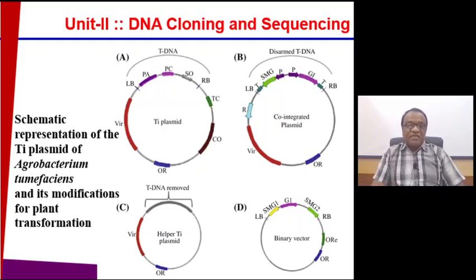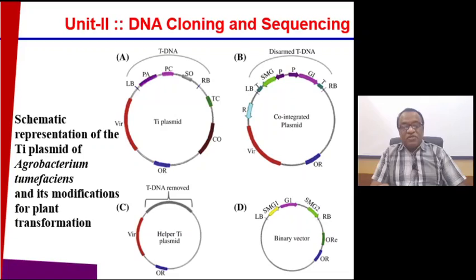So where exactly does the insert find its place? To disarm the Ti plasmid, the PC, PA, SO, TC and CO regions of the tDNA are removed and an exogenous tDNA section is inserted.